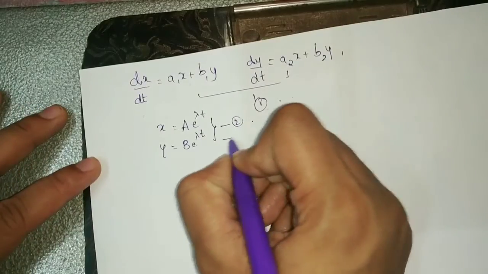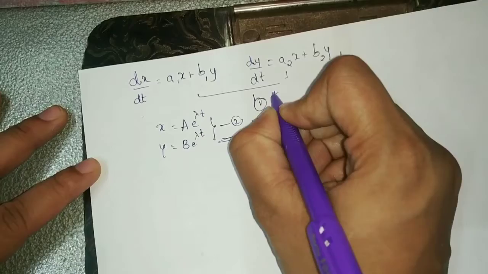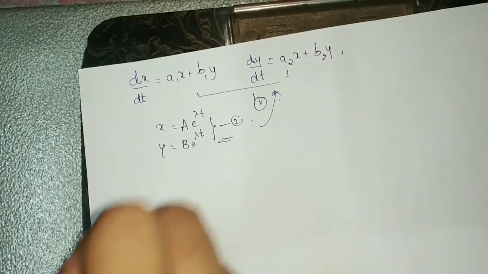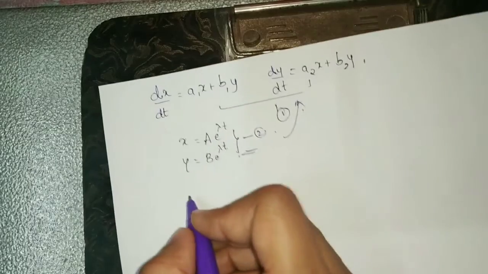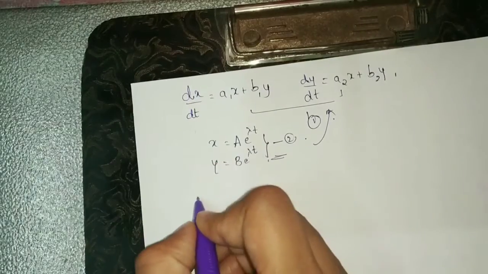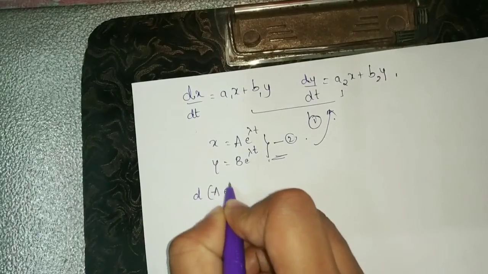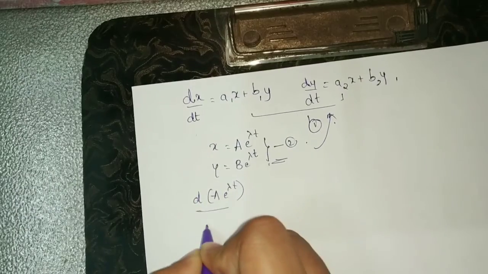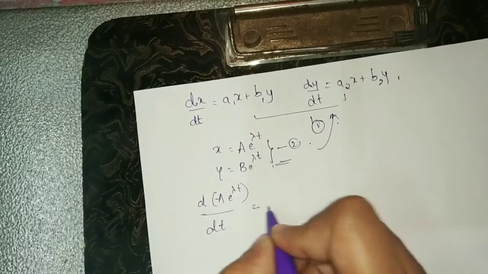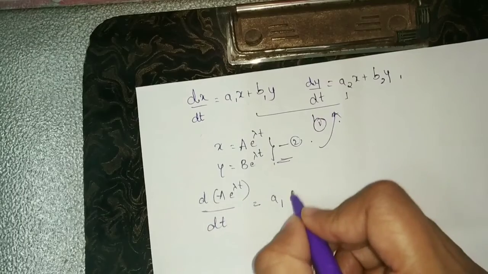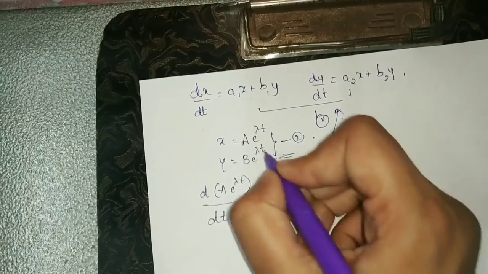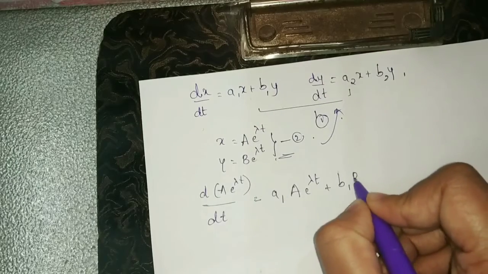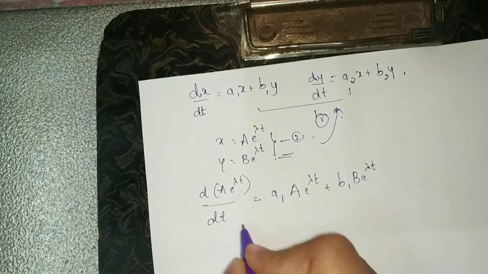Substituting the solution in the given differential equation, it means it will satisfy the equation. Substituting equation 2 in equation 1: dx by dt, in the place of x we have d by dt of A into e raised to lambda t, equal to a1 times the value of x, again A into e raised to lambda t, plus b1 times the value of y, which is capital B into e raised to lambda t.